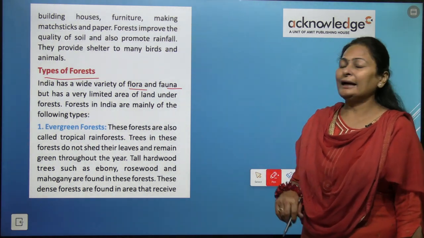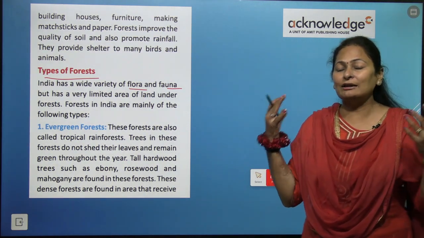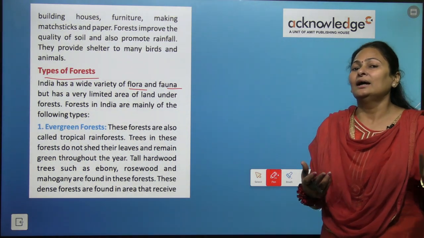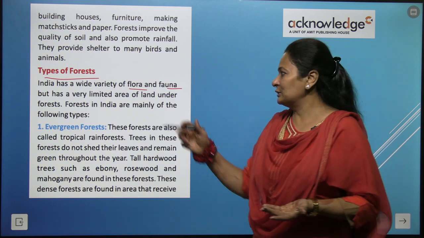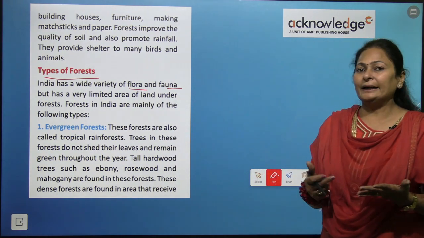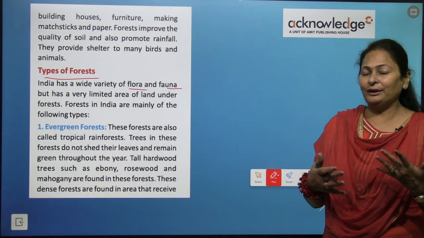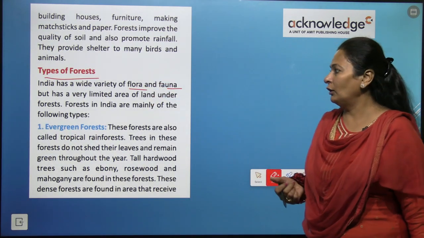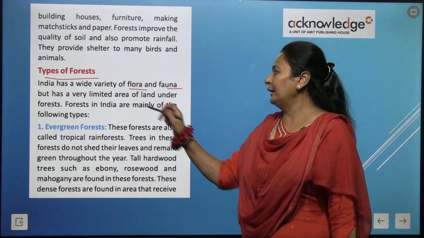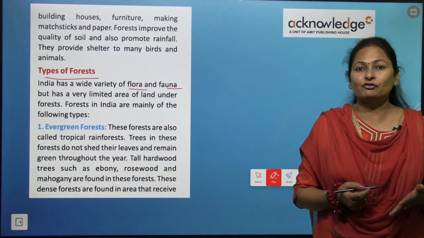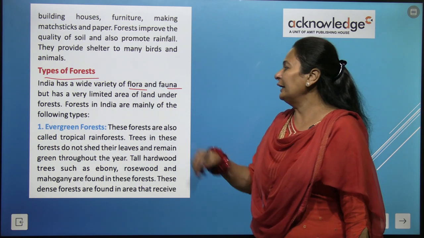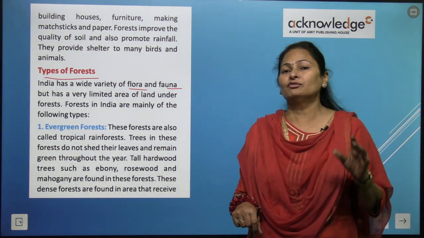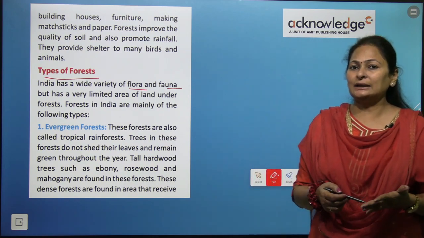So India has a wide variety, meaning different species, different kinds of plants and trees and different kinds of animals, but has a very limited area of land under forest. Forests in India are mainly of the following types. 5 different kinds of forests we will learn in this chapter, right?